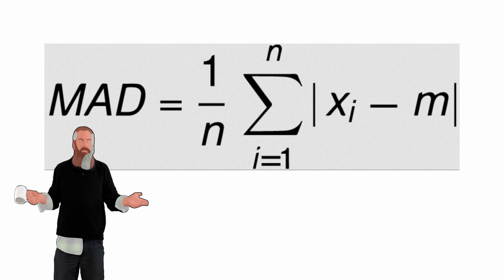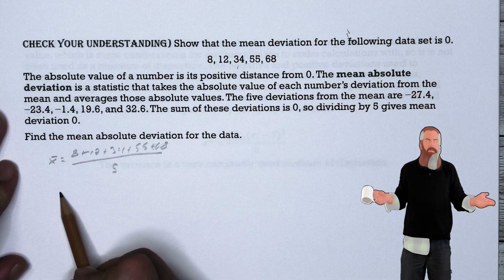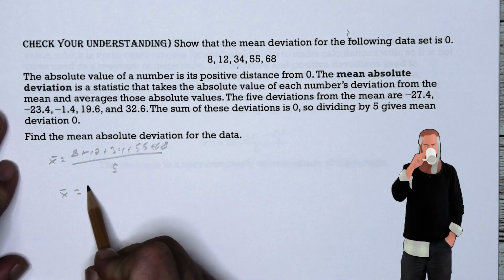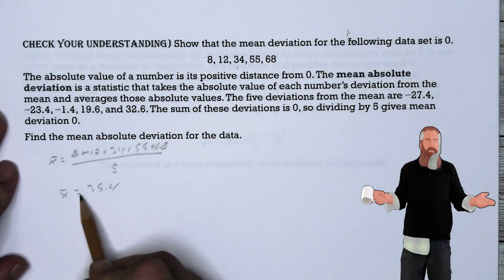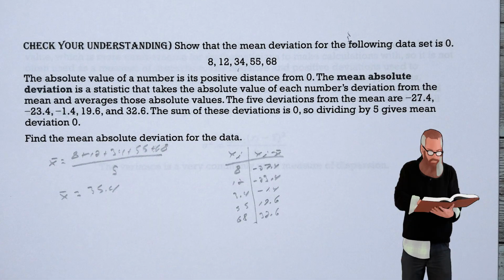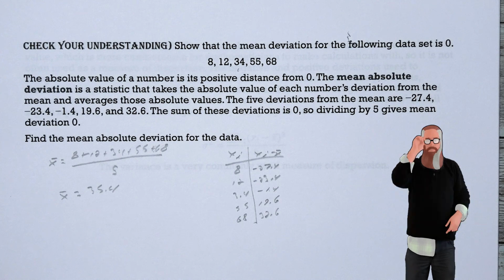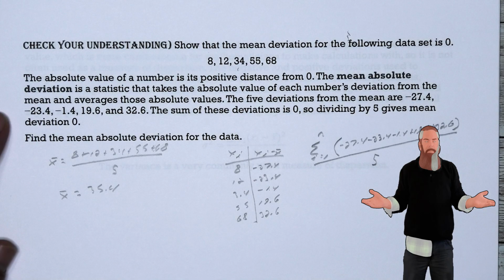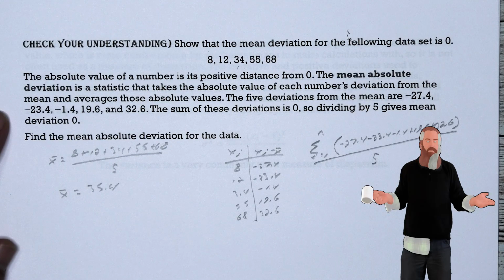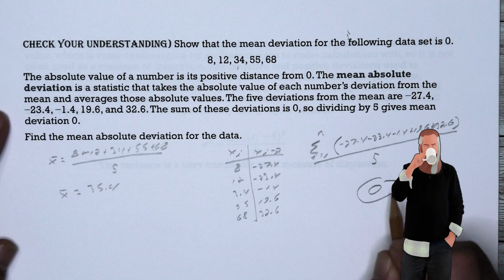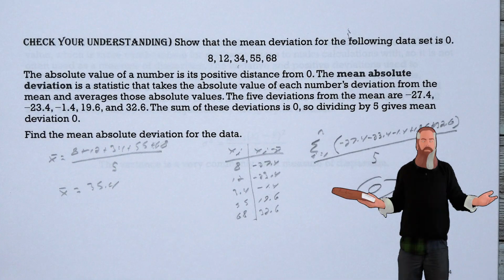So if we average to find x bar, all of the data points, we get 35.4 as x bar. The 5 deviations from the mean are negative 27.4, negative 23.4, negative 1.4, 19.6, and 32.6. To find this, we add up all of those numbers and then divide by the number of data points. And we find that we get a 0, which is an optimal situation.